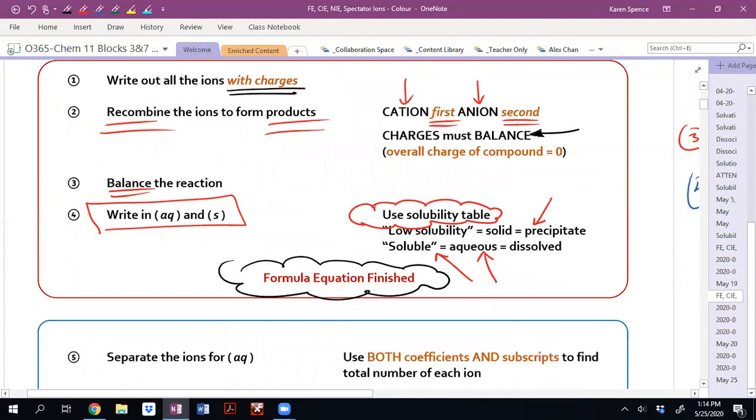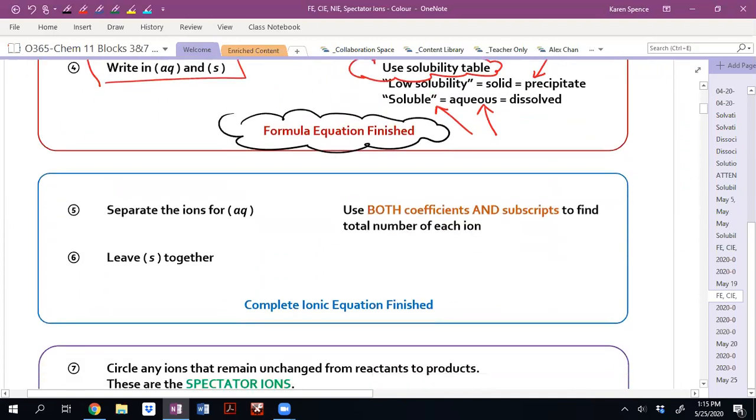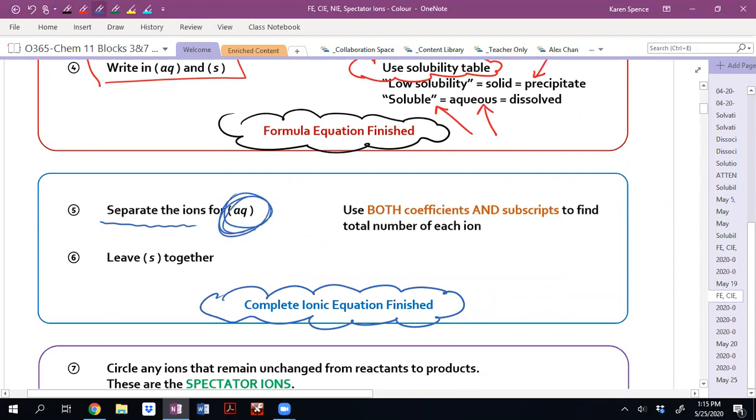Okay, so we have finished writing the formula equation. Next step is to write the complete ionic equation. And this is going to use part of what we were doing last week. We are going to separate the ions for the ionic compounds, which are aqueous. You need to use both the coefficients and the subscripts to find the total number of each ion, and we will leave the solids together.